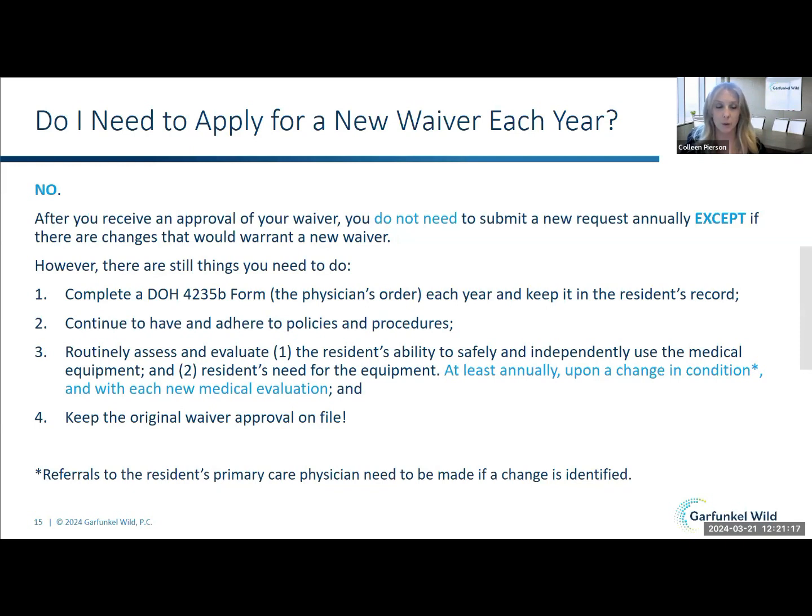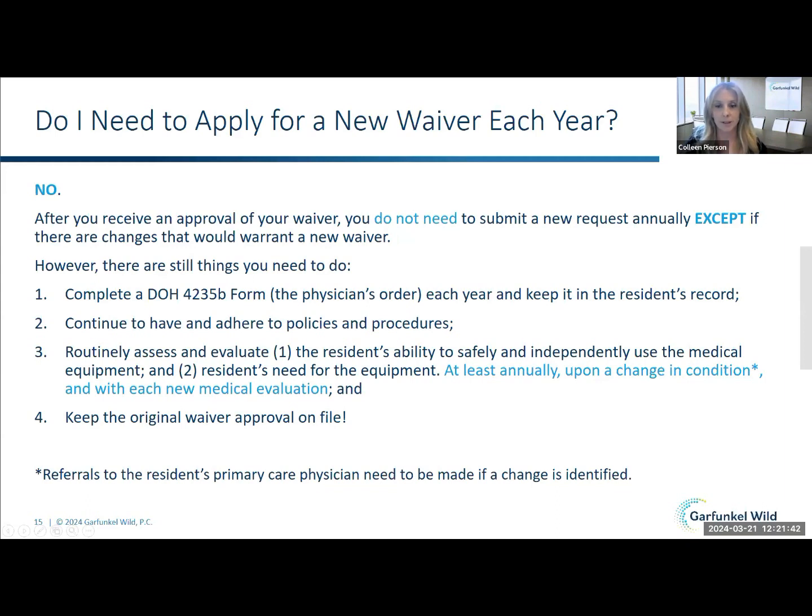So most medical evaluations are required to be done every year. However, if you have a resident that goes to the hospital and comes back and you need to do a new medical evaluation, you need to be checking that they can still safely and independently use the equipment and that they still need the equipment. And as I mentioned before, keep the original waiver approval on file.